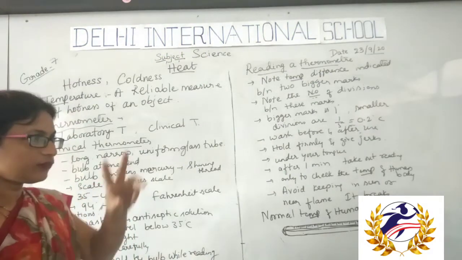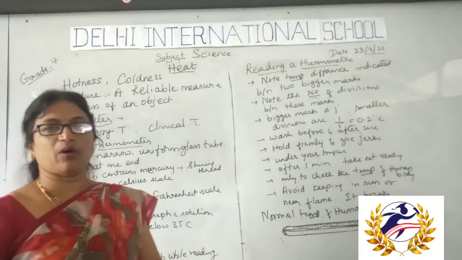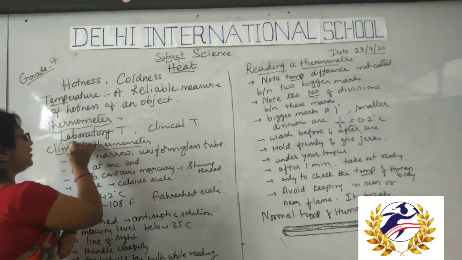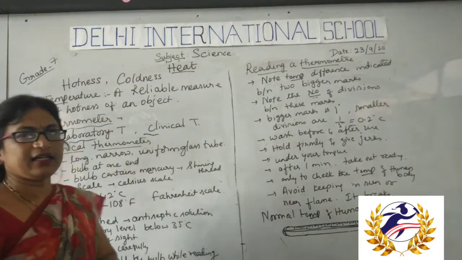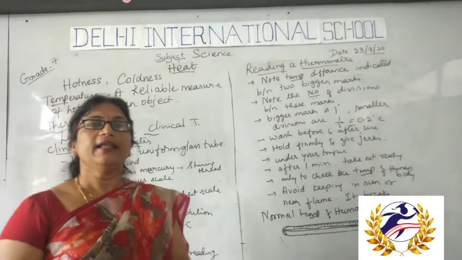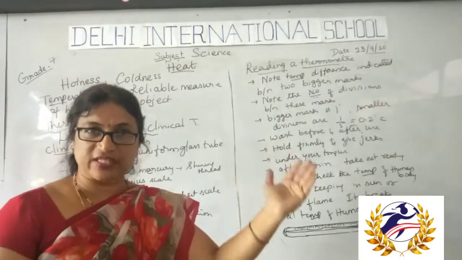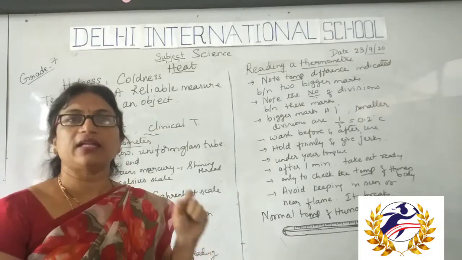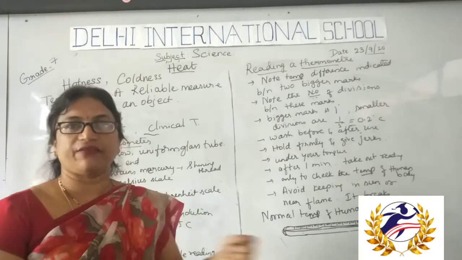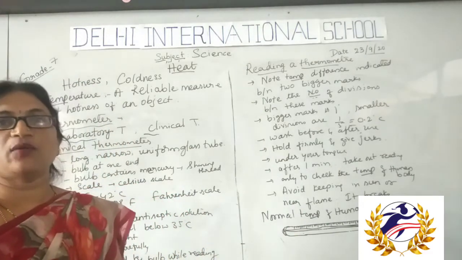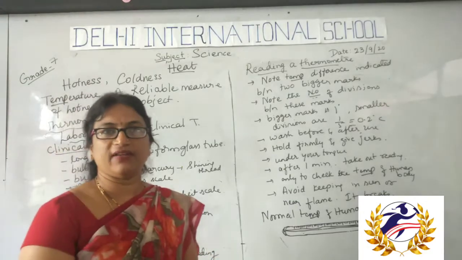We have two types of thermometer. One is the laboratory thermometer and another one is the clinical thermometer. The laboratory thermometer is the longer one, and it is present in the laboratory in order to check the temperature of different objects and liquids, like water at boiling level, water at warm level, isn't it?